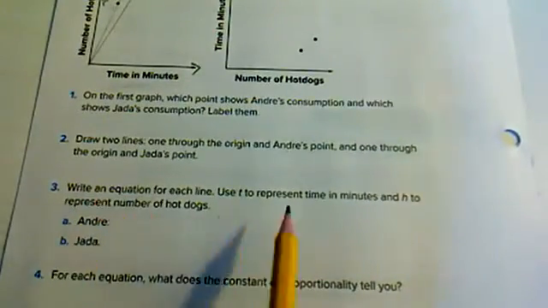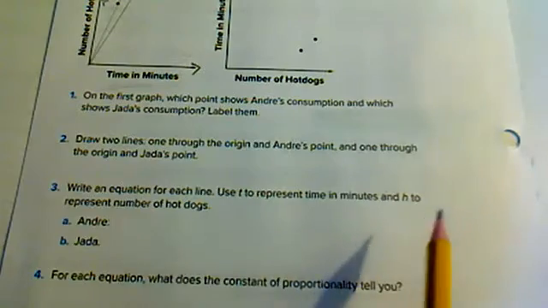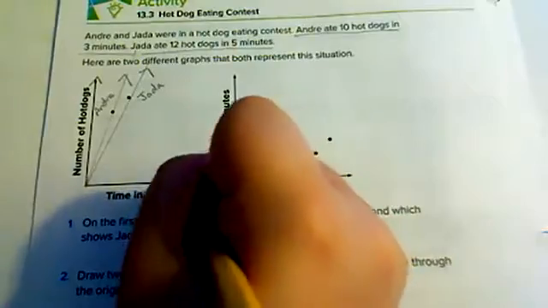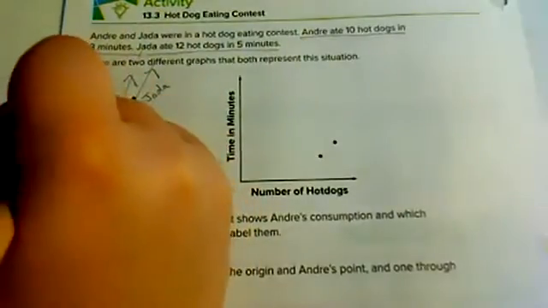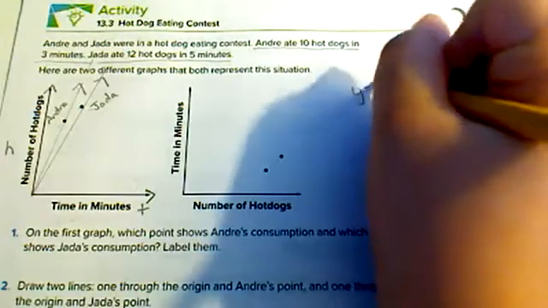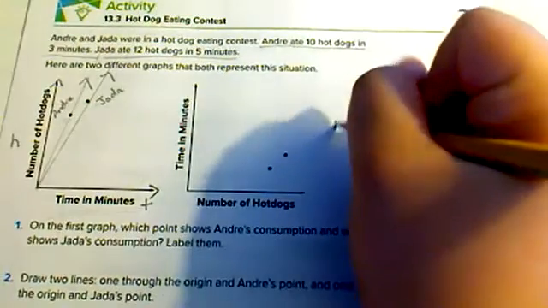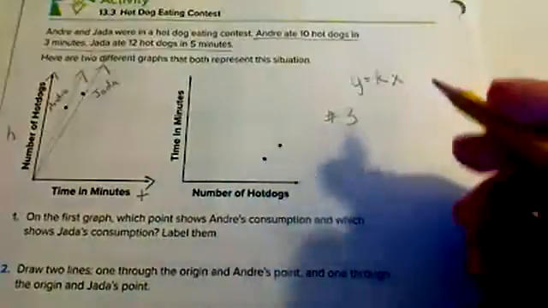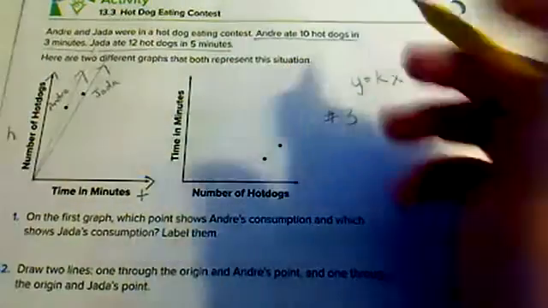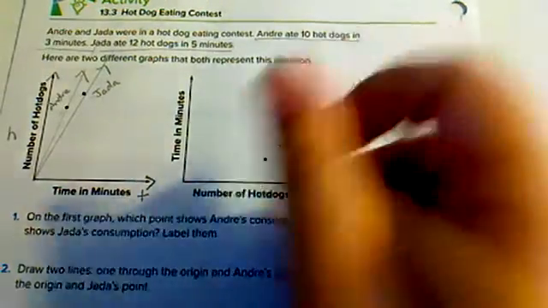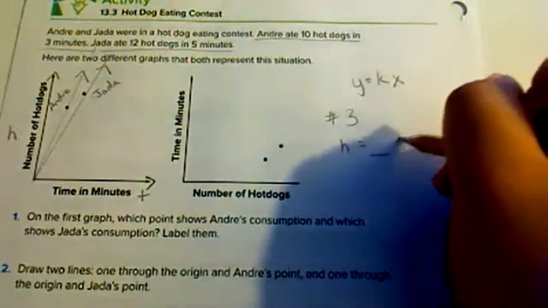Write an equation for each line. Use T to represent time in minutes and H to represent the number of hot dogs. So our x-axis becomes our T, our y-axis becomes our H over here. Normally it's y equals kx, but for number 3, our y becomes H equals blank T, in time.